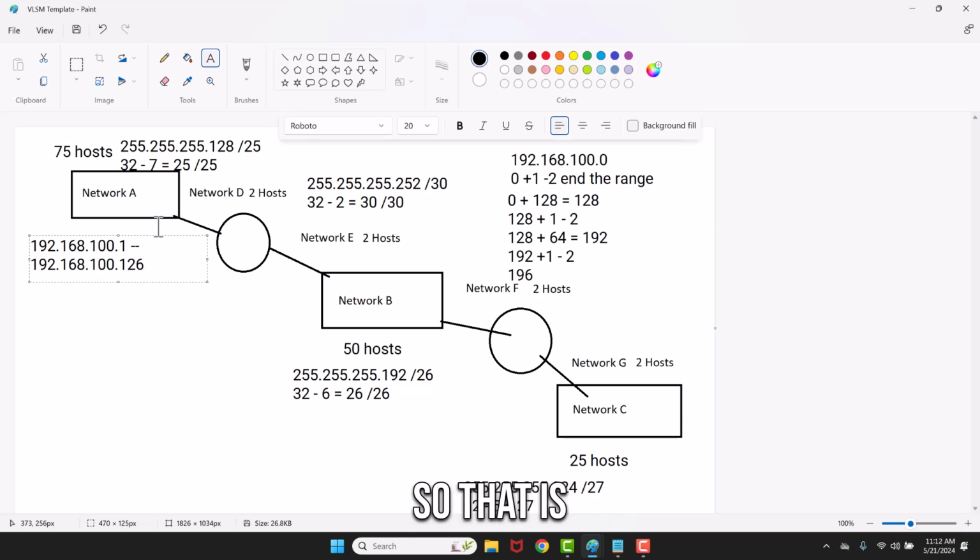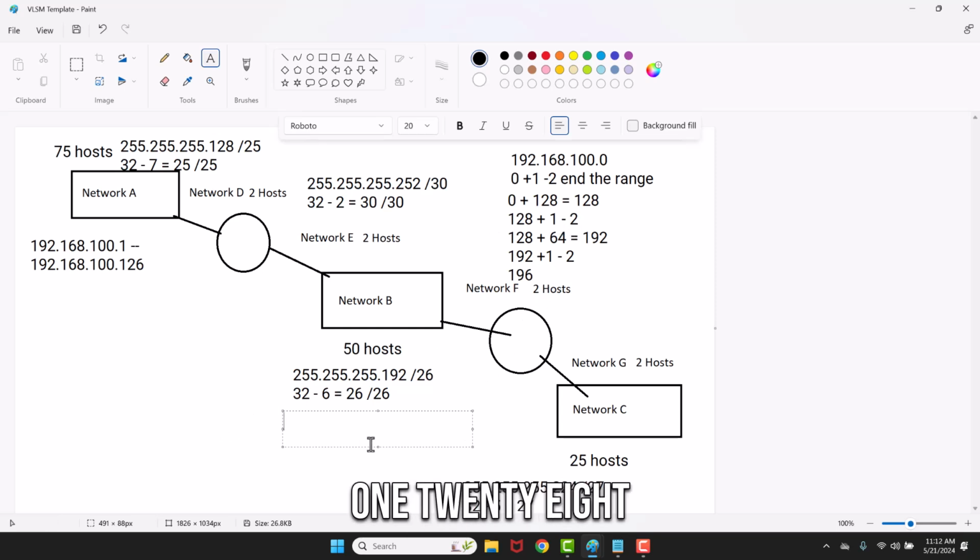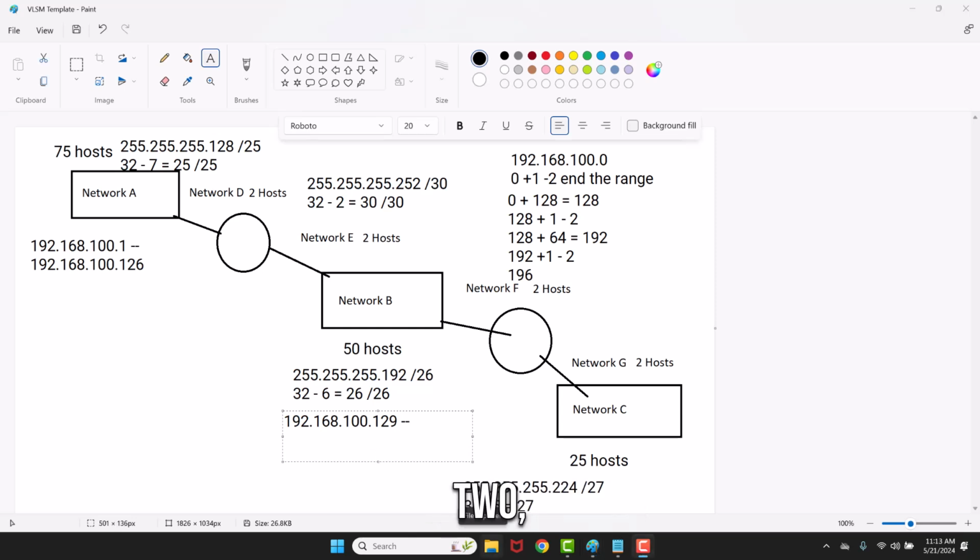So that is the range for network A. The range for network B, the network ID of which is 128, is going to start at 192.168.100, add 1 because it's a class C, to 129 through 192.168.100.